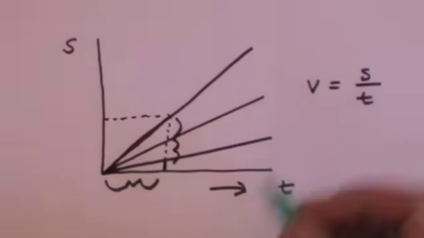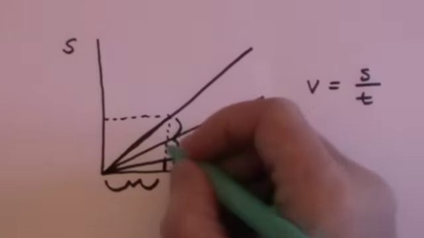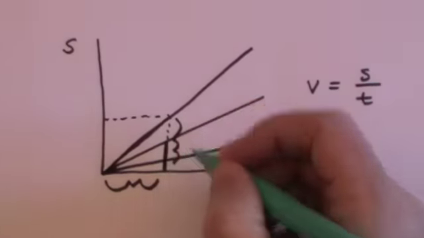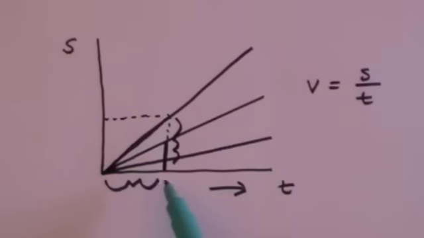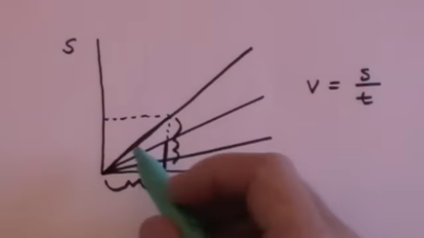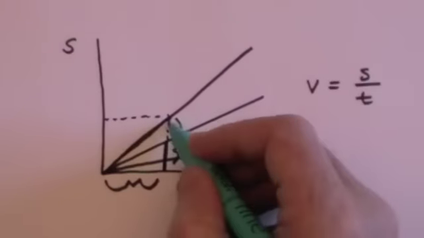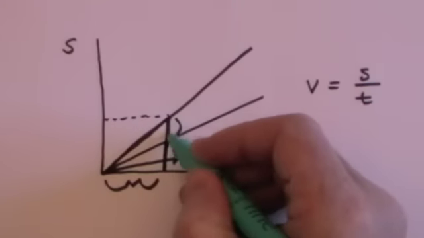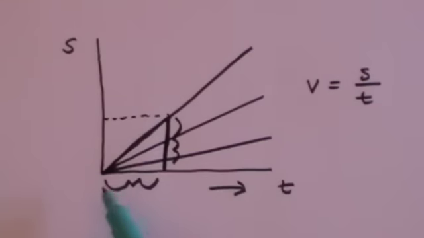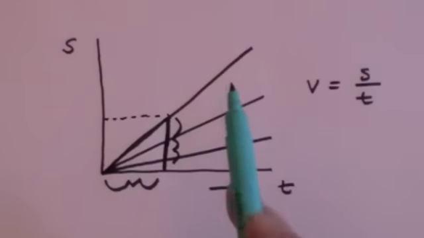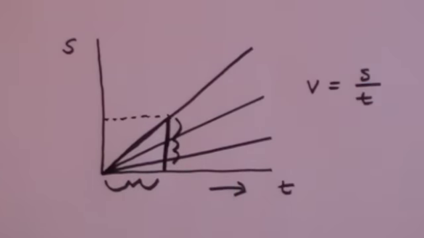This would be a higher velocity because it travels a further distance but in the same time. And this one that I've already drawn would be an even higher velocity because it travels a further distance in the same time. The steeper the gradient, the higher the velocity.